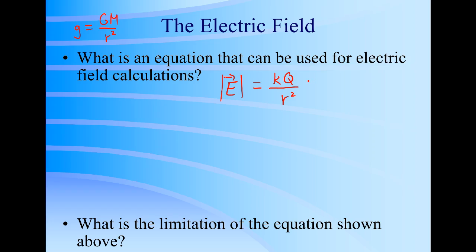Now, if you want it without the magnitude, then you would just get rid of that and say that it's in the r hat direction. Okay, so we have the magnitude right there, and we have a radial direction. Okay, so for a point charge, it's kQ over r squared.